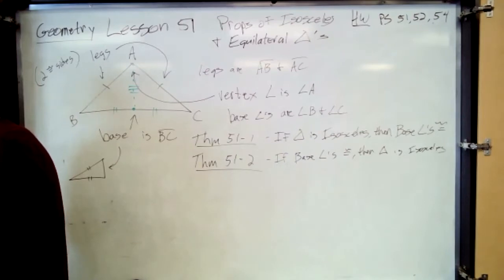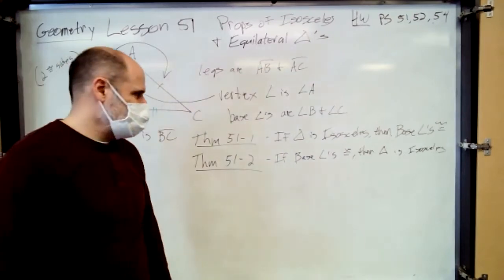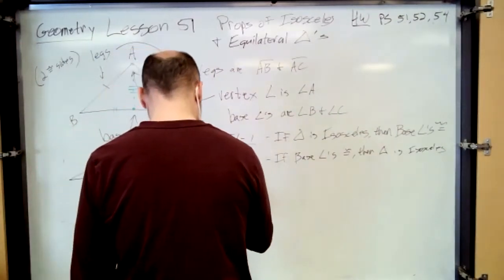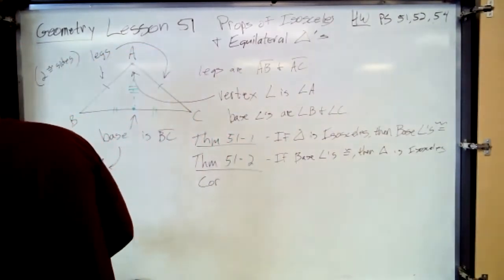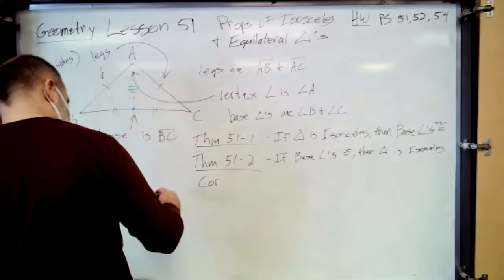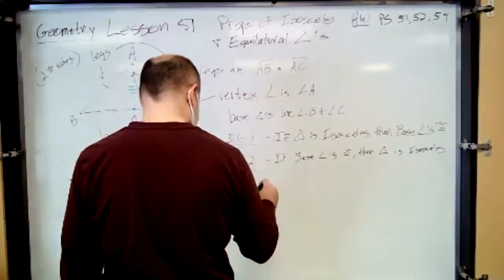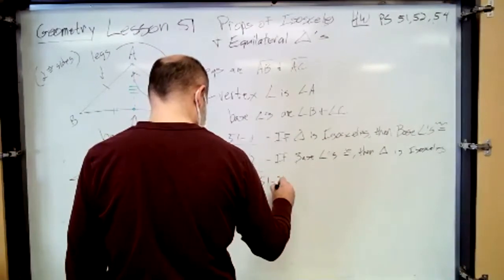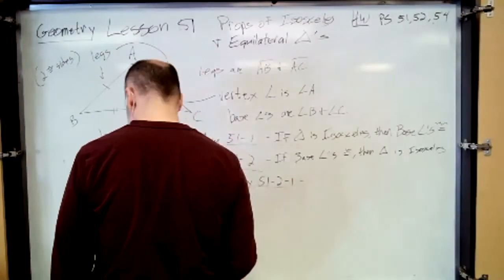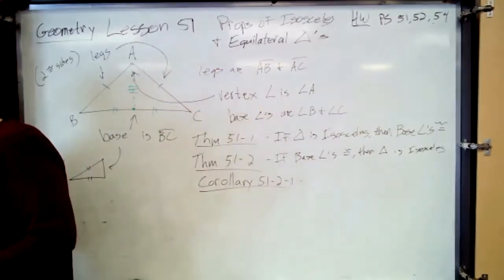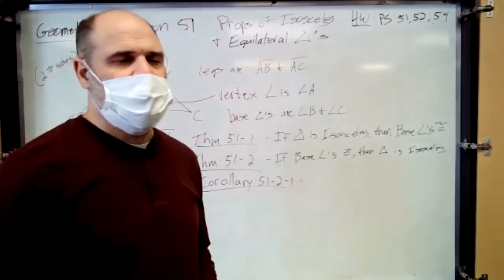Okay. So here's a corollary. Remember, a corollary is like an addendum to a theorem. So this goes with 51.2. Corollary 51.2.1 says this: if a triangle is equiangular, then it is equilateral.